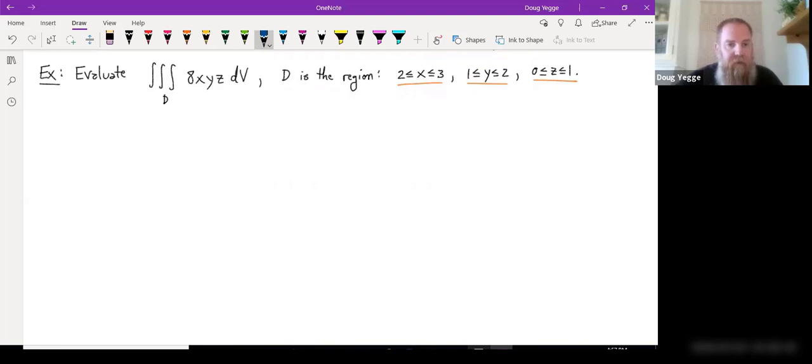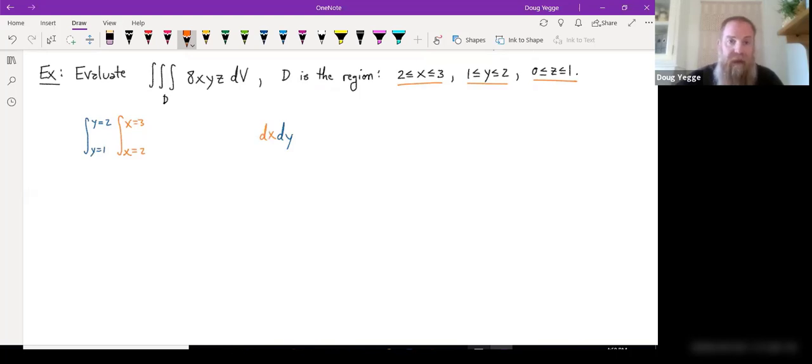Okay, so that would mean that if I was going to do dz, dx, dy, then y equals 1 to y equals 2 would be on the outside, and we'd integrate that with respect to y. But that's going to be the last piece, because before we do that, we're going to have to integrate from x equals 2 to x equals 3 dx.